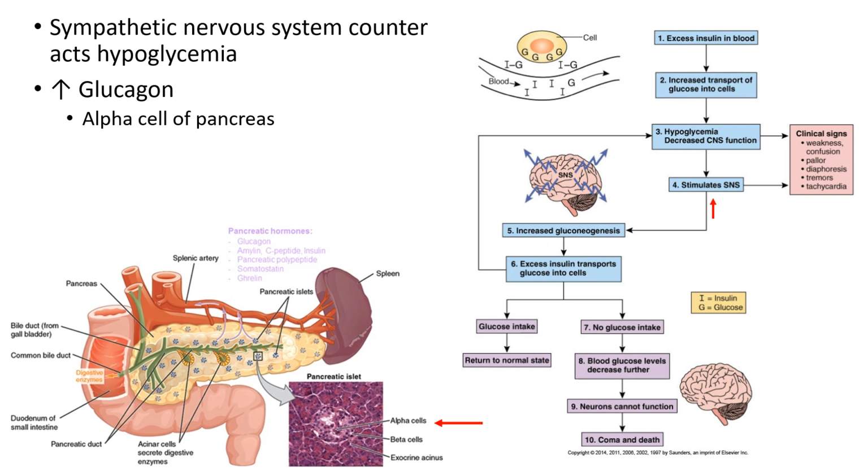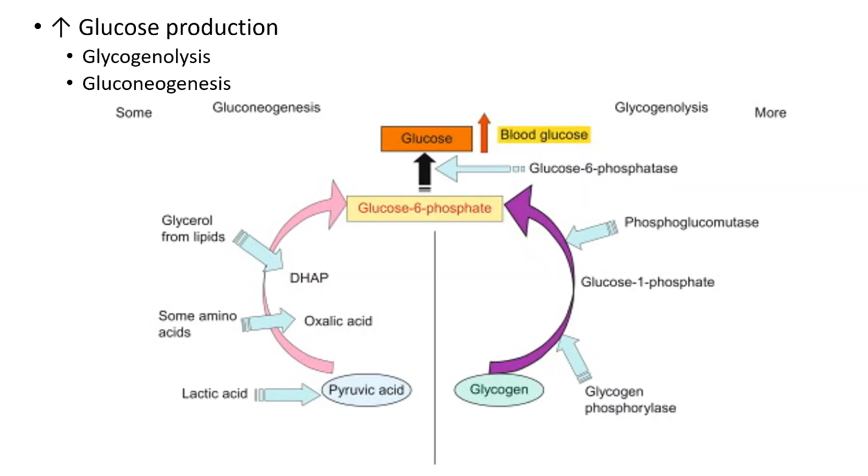So the alpha cells of the pancreas are going to increase this glucagon. This is another hormone. It is just the opposite of insulin. So if insulin decreases blood sugar, glucagon is going to increase blood sugar. So it's like the antagonist. It's on the seesaw of homeostasis.